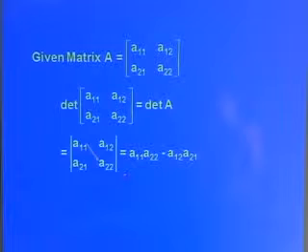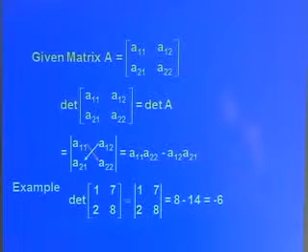This is a11 a22 the first term and a12 a21 the second term with a minus sign in between. Now the example: if I have been given the matrix 1 7, 2 8, then its determinant can be computed as 1 into 8 is 8, minus 7 into 2 is 14, and the result is minus 6.